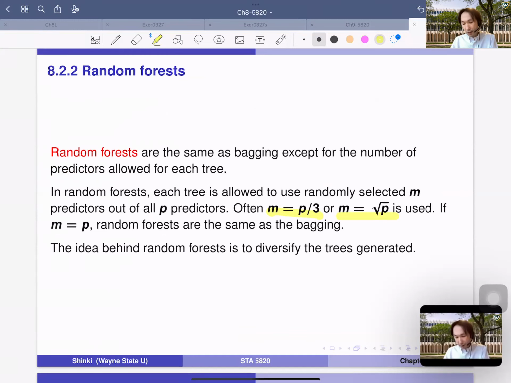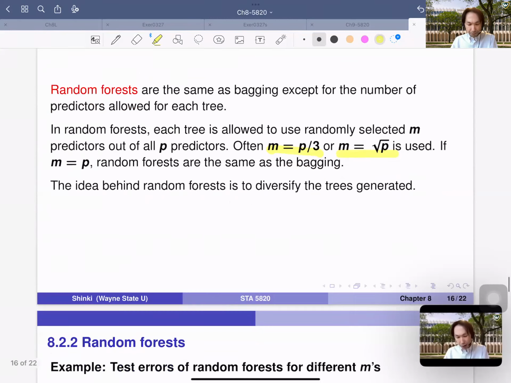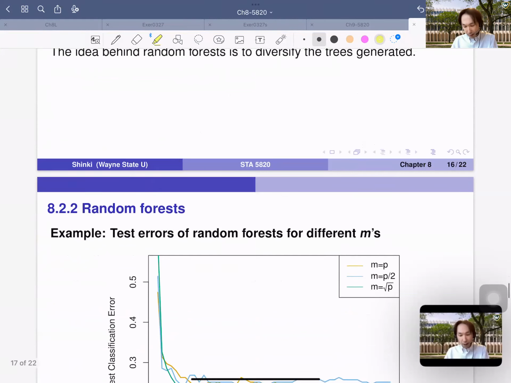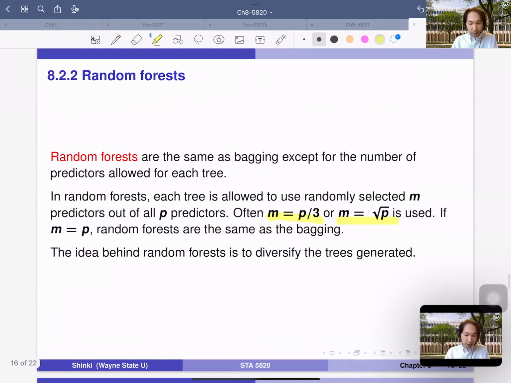So if p is 100, then we use only 10 predictors to make each tree. Then we have more variety between trees, and sometimes prediction performance is better. We can say that m is a hyperparameter. If we optimize the hyperparameter, then we can adjust the model to the data set so that we can have a better model.